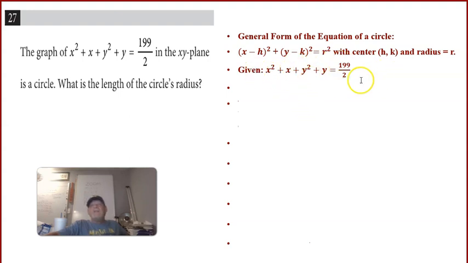So we're given this equation here. So now here's our goal and our strategy. We're going to take this x squared plus x and somehow make it look like the difference here of a square. And the same thing here for the y squared plus y to get my (y minus k) quantity squared. And then once we've done that, if we take the square root of this, we will get our radius, and that is our goal.